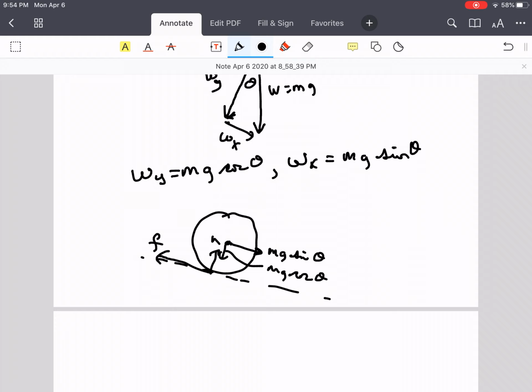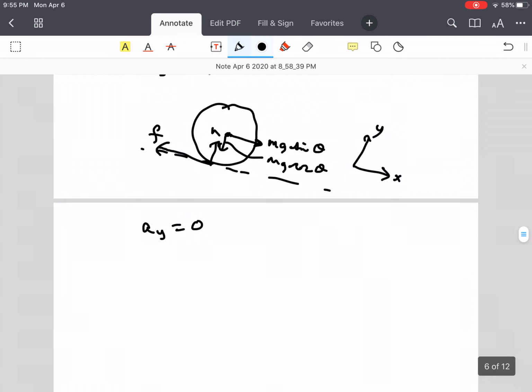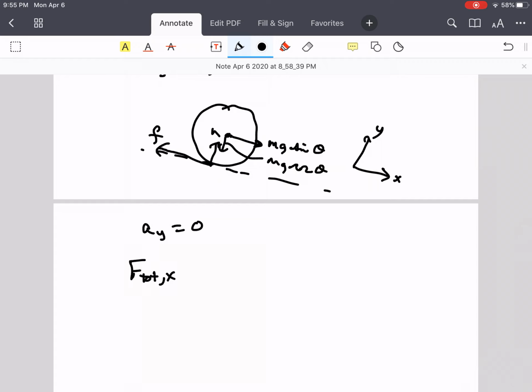Now the acceleration in the y direction, as always, is 0 because it doesn't accelerate into or out of the hill. For the acceleration in the x direction, I just have to use Newton's laws. So the total force in the x direction is equal to mg sine theta, which points downhill in the positive x direction, minus friction F, which points uphill in the negative x direction.